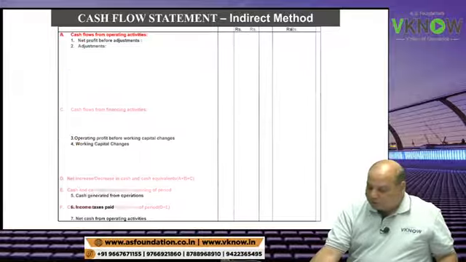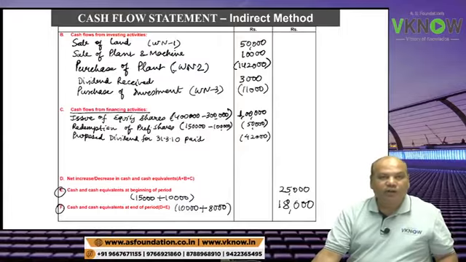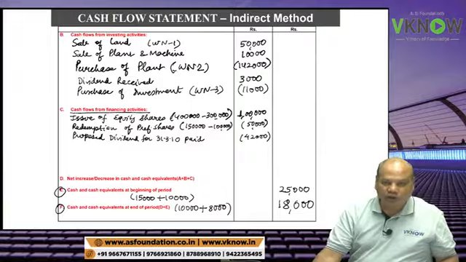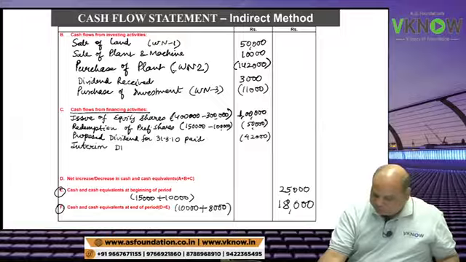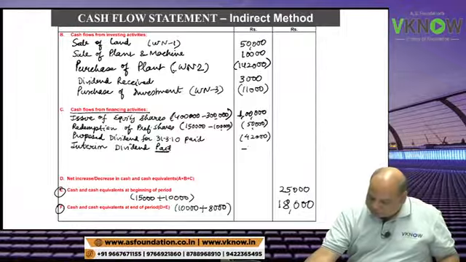And the second effect of this will be in financing activity: interim dividend paid and tax on interim dividend paid will be shown in financing activity. So you will write here interim dividend paid. Now write the word paid. In bracket write 20,000.